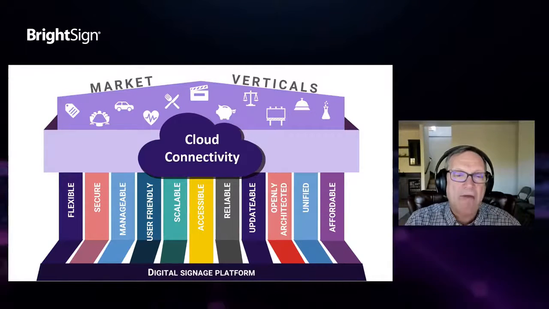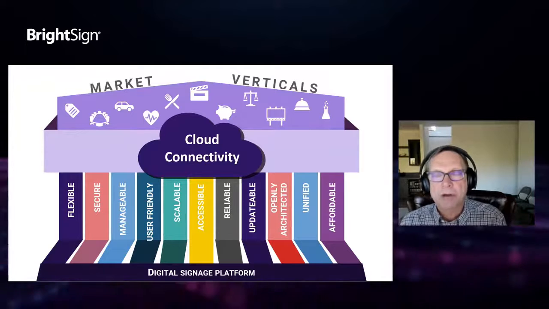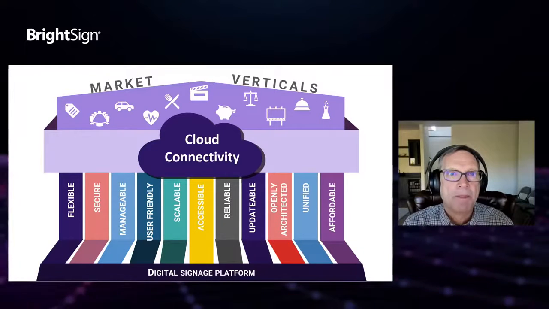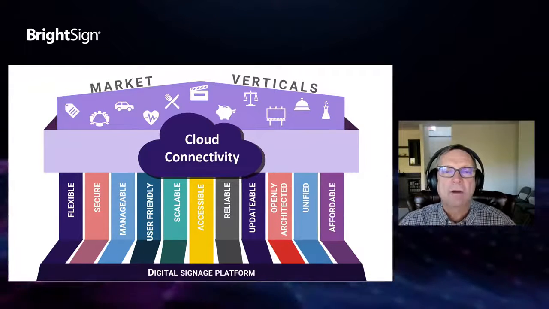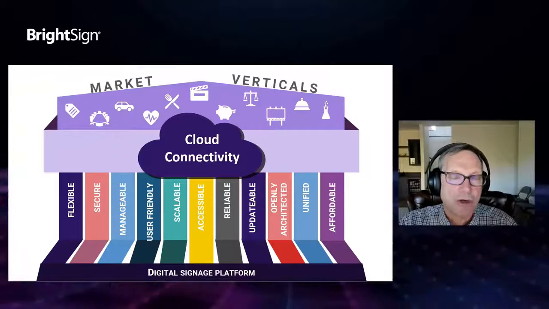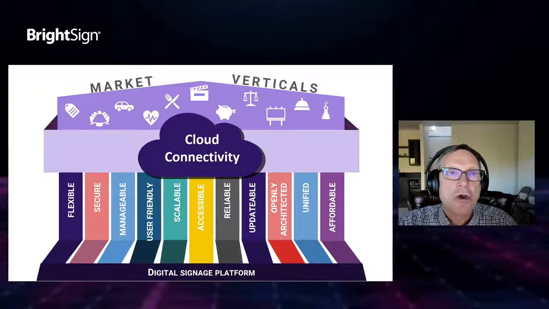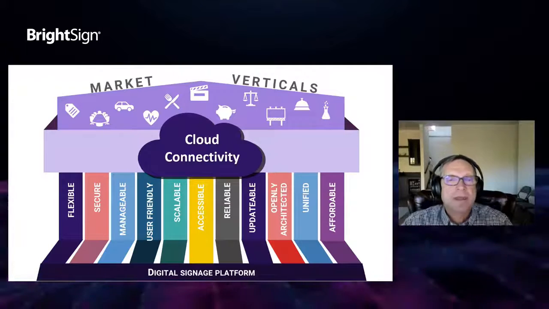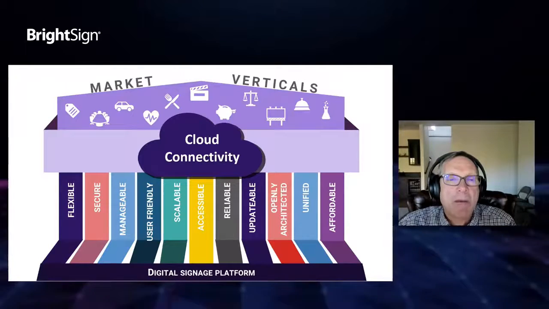The nice part about the platform stuff that I talked about on both the player platform and the network platform is that you can find platforms, BrightSign's one of them, that really addresses all those vertical markets. So you then go find a content system that's going to create the experience that you want on that platform.